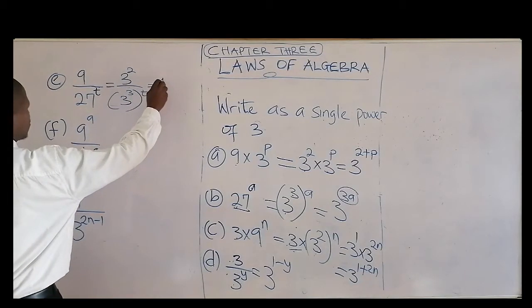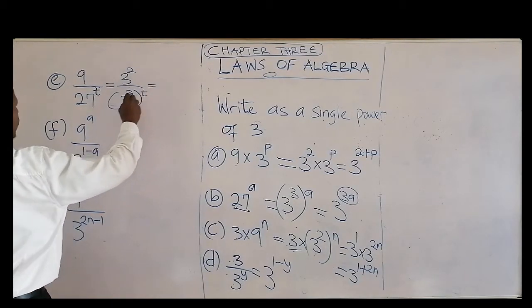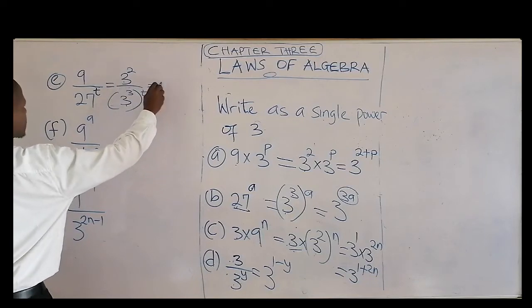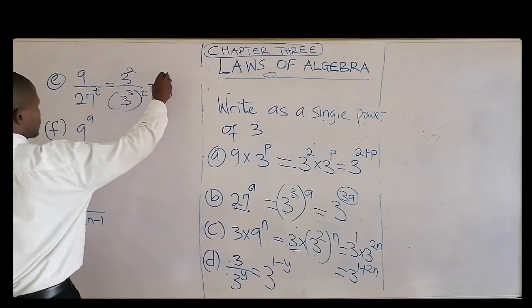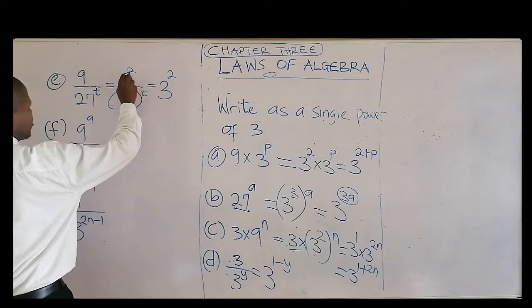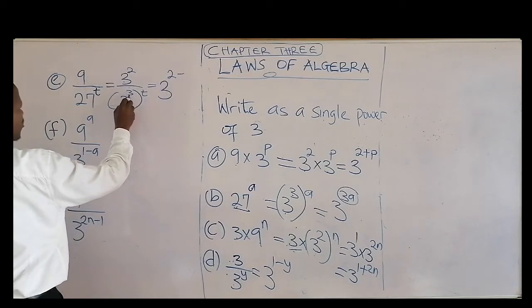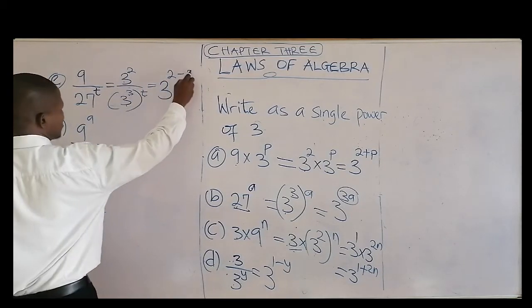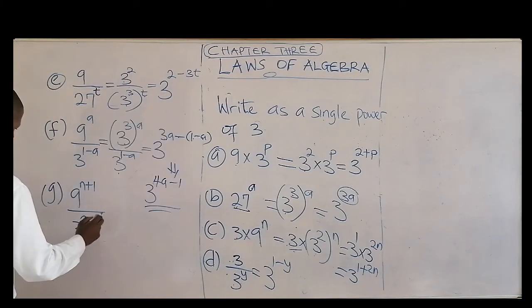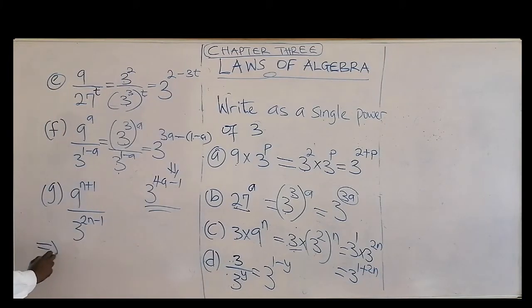The bases are the same, so take one of the bases and subtract the powers: on the top here is 2, minus the bottom, which is 3t. That's 3 to the power 2 minus 3t. For the last one, 9 is 3 to the power 2, n plus 1, over 3 to the power 2n minus 1.